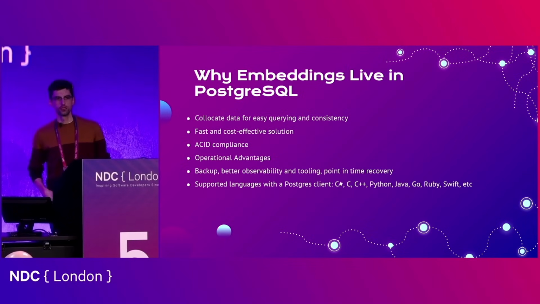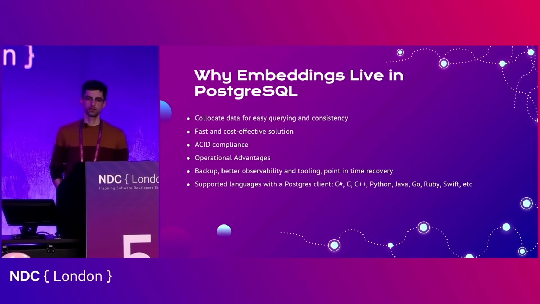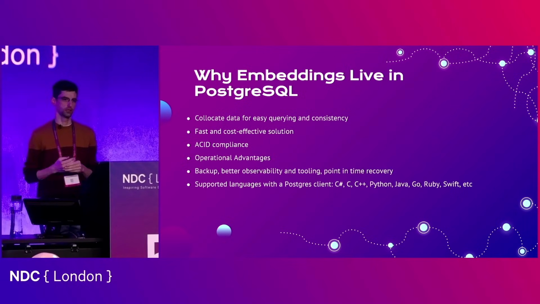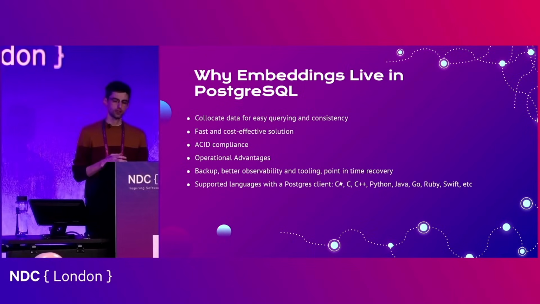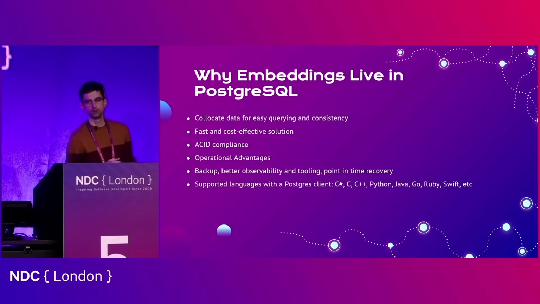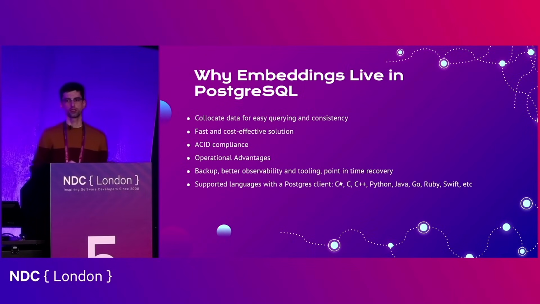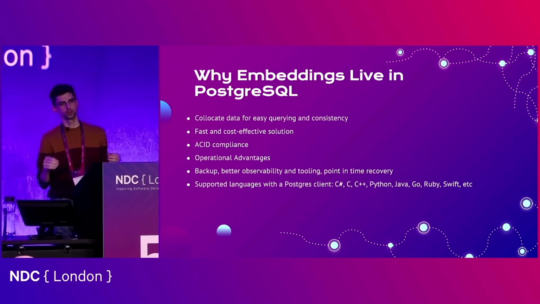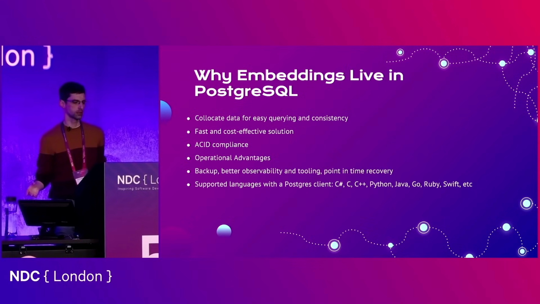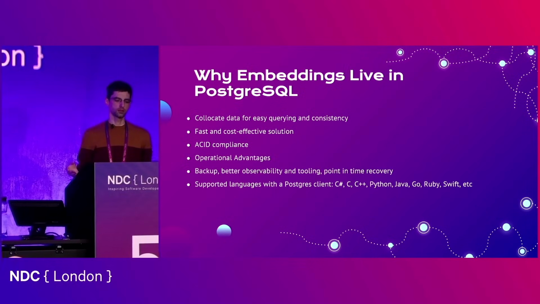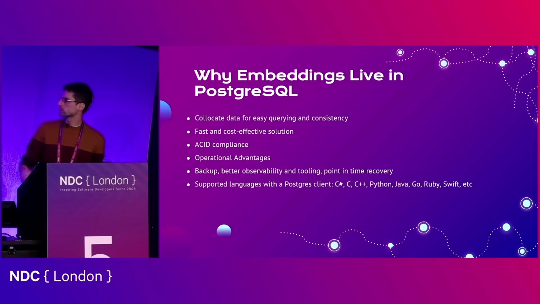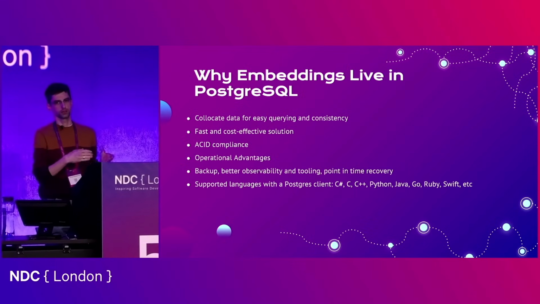So what are the advantages of storing the vector embeddings in the database instead of using a specialized database different from Postgres? The biggest advantage is that we can store it directly in the same place where we store the data, so we don't have to set up another database. It's faster and easier to query together with the data.